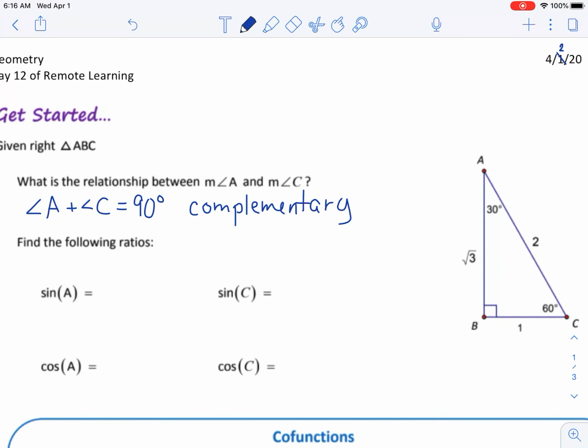Okay, you should be able to do this next part easily. I want you to find the sine of A, the sine of C, the cosine of A, and the cosine of C. So think about that.